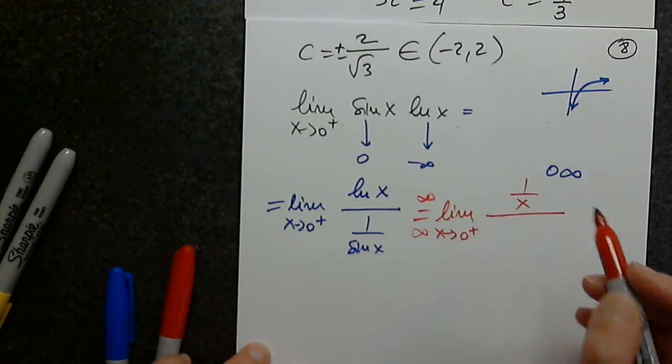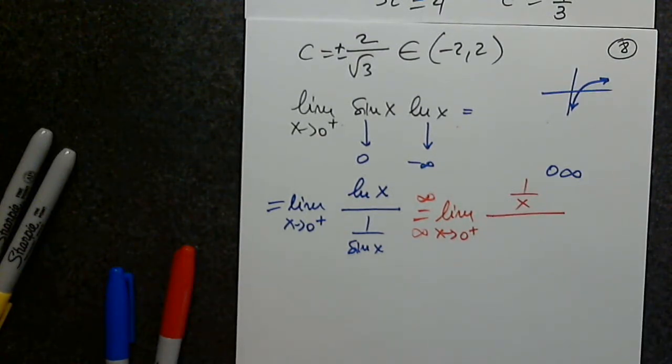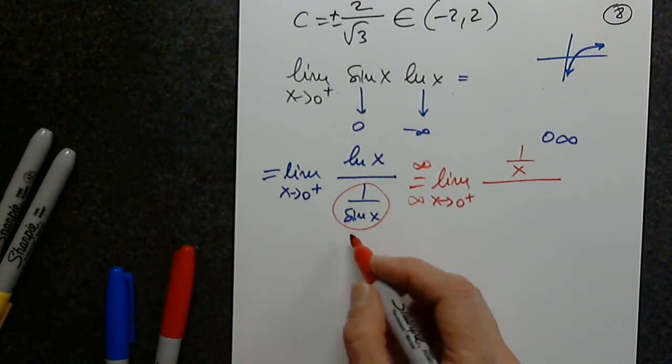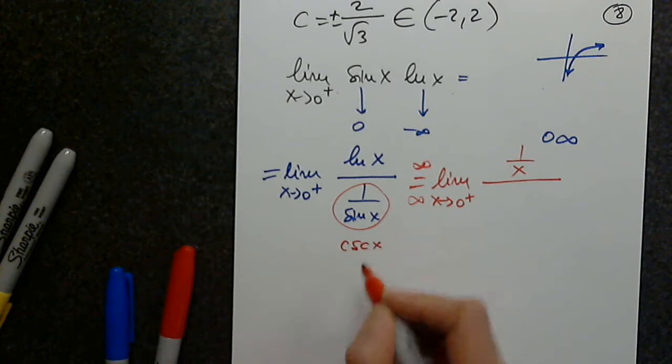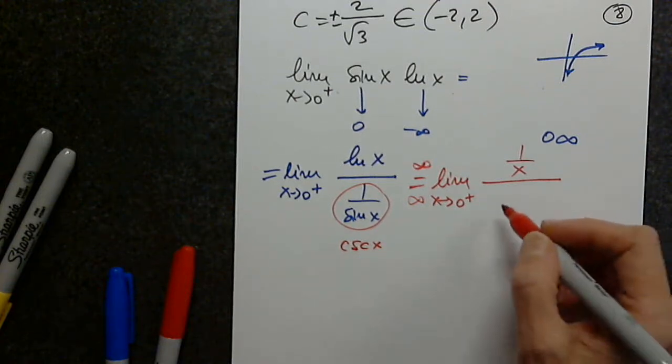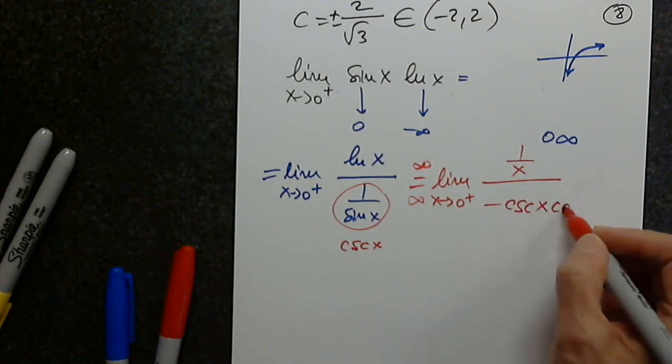The top is 1 over x. And the denominator, you can change into cosecant x. 1 over sine is cosecant x. So when we differentiate cosecant x, we get negative cosecant cotangent.